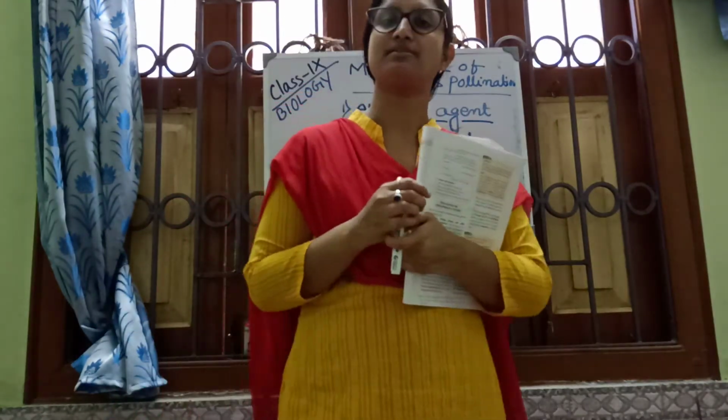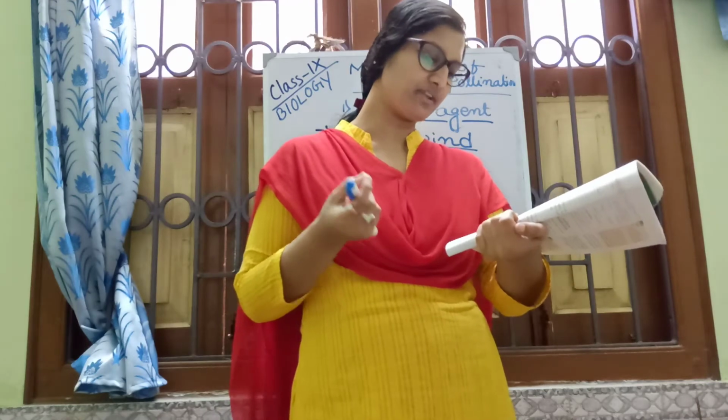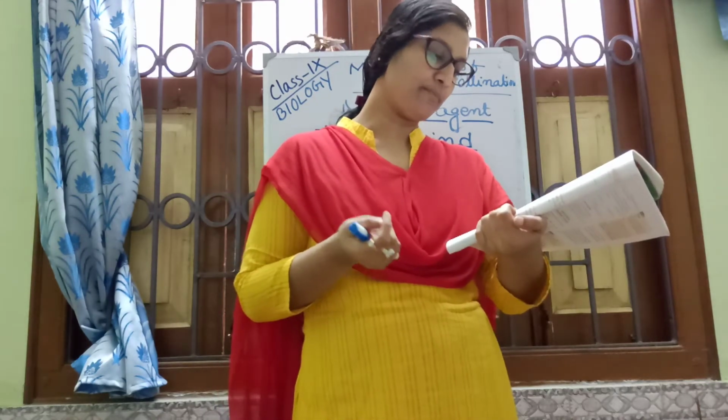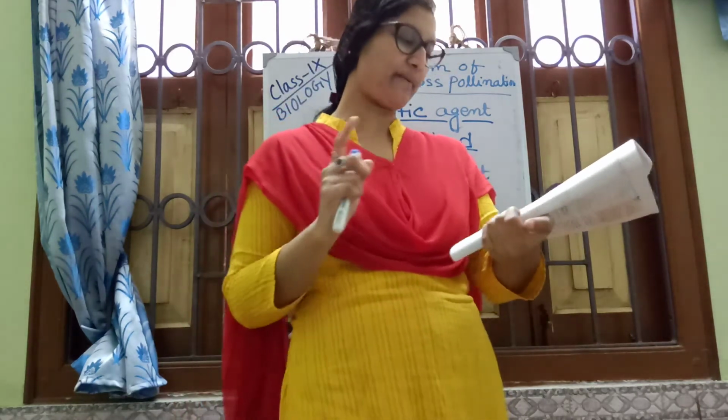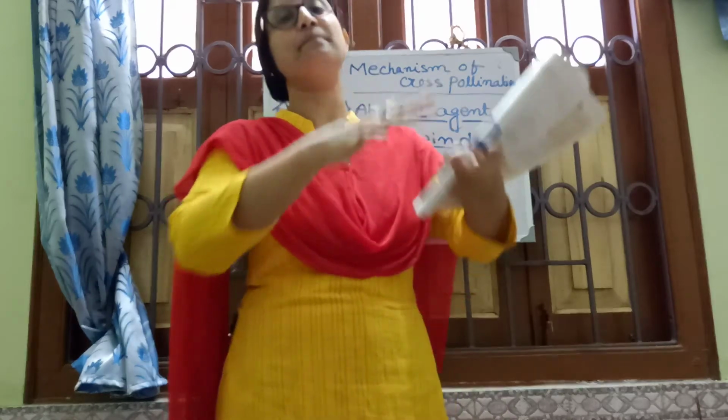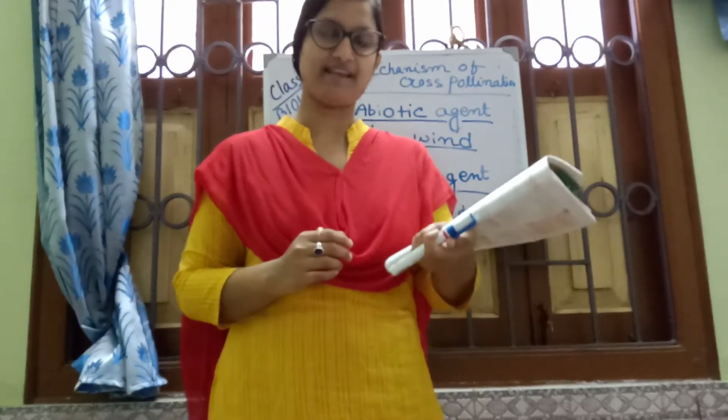Then pollination by mammals. Mammals include elephants, bats, and squirrels. The example given in the book is Rafflesia. This is a very big flower, pollinated with the help of elephants, whose flower is very large and at ground level.